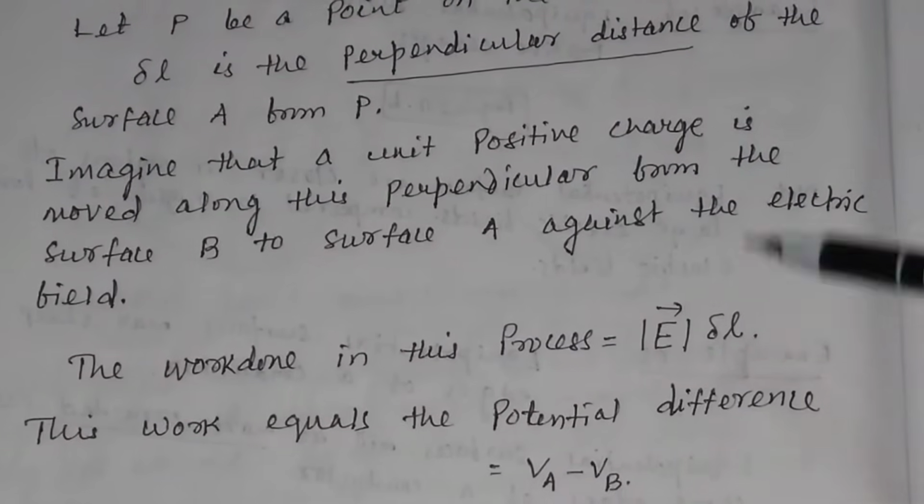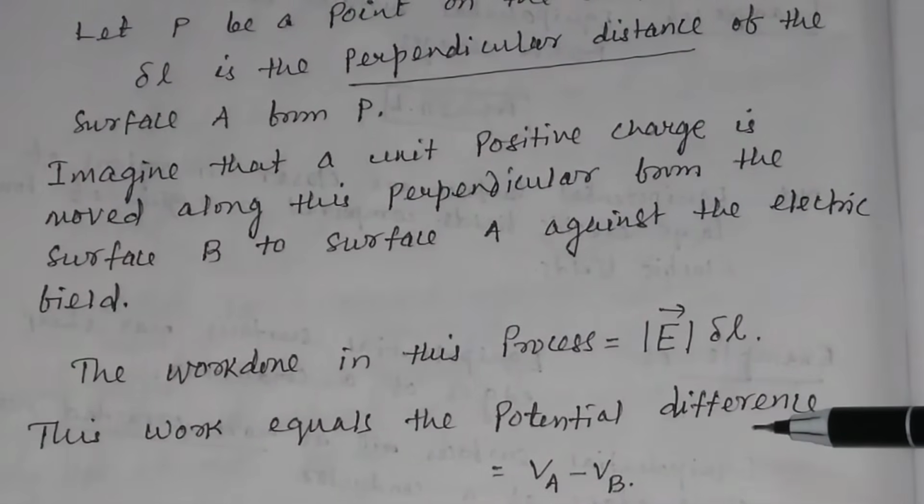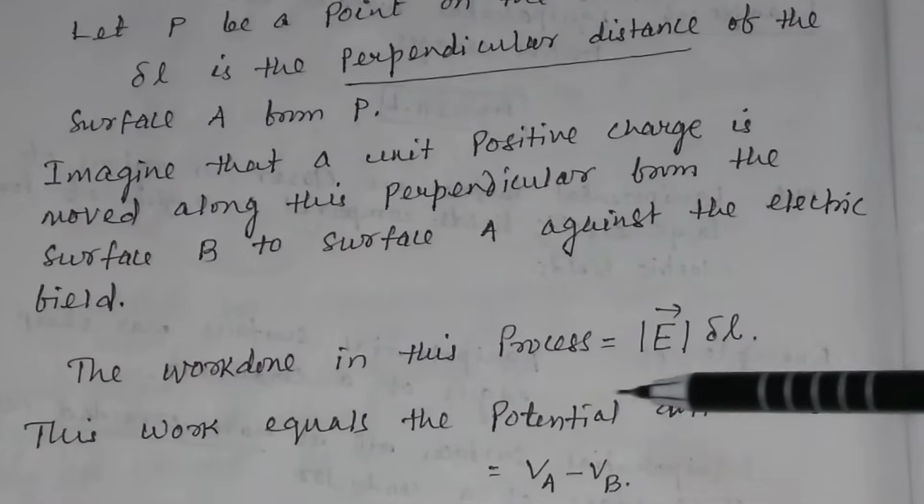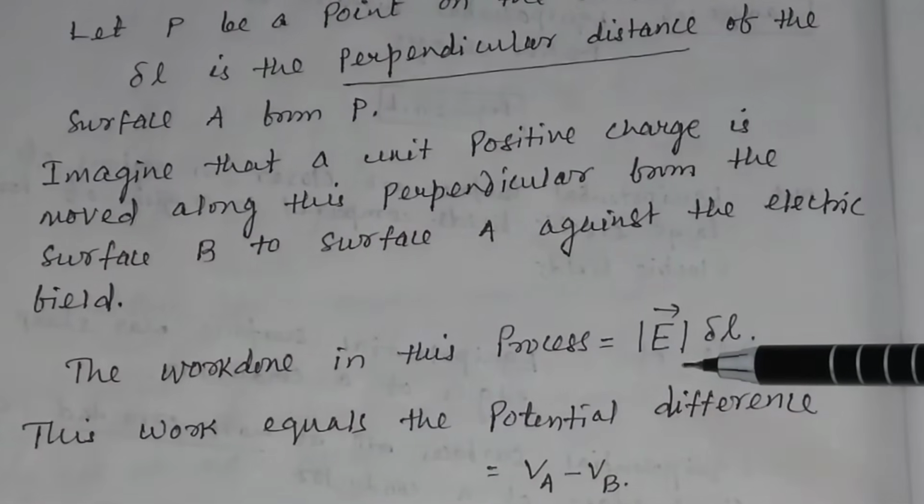This work equals the potential difference. From the definition of potential difference, we know the potential difference VA minus VB is equal to the work done.